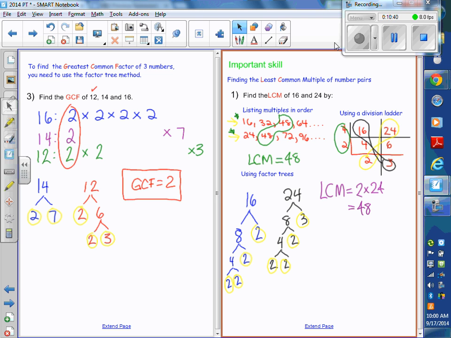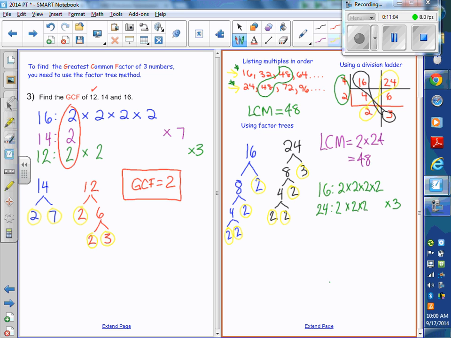Now, just like we did with the GCFs, we line the factors up. 16 is 2 times 2 times 2 times 2. For 24, the prime factorization is 2 times 2 times 2, and then I move the 3 over because it's not common. To get the LCM, you begin like you're doing the GCF.